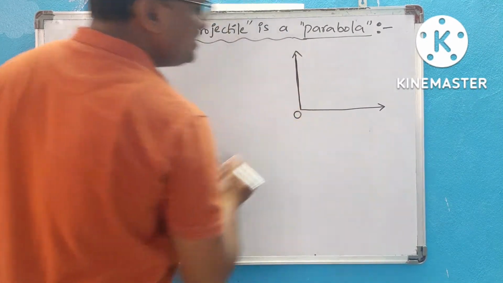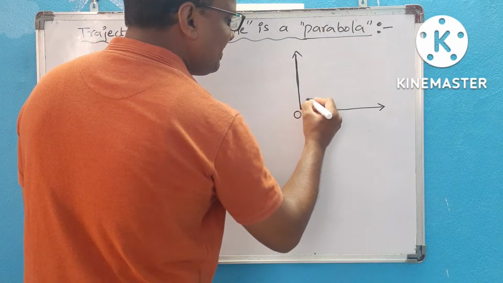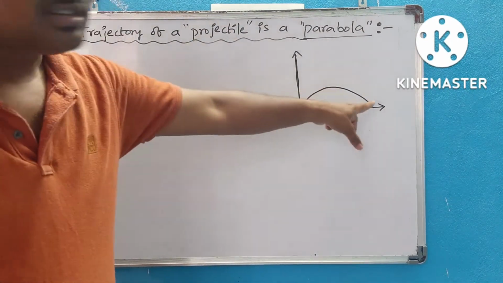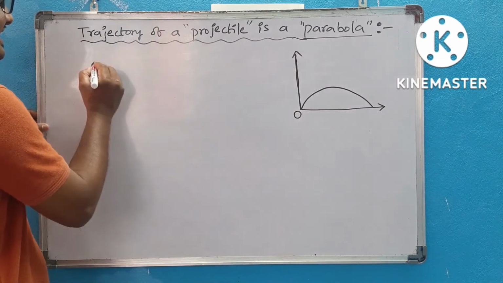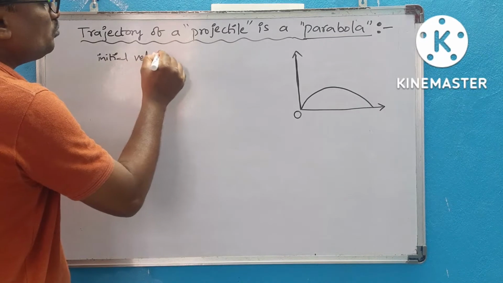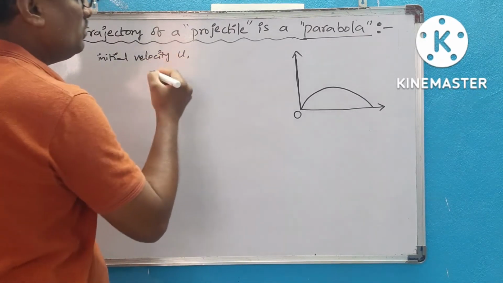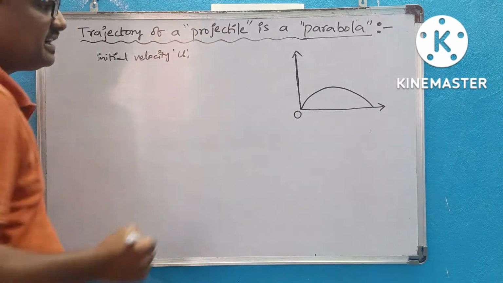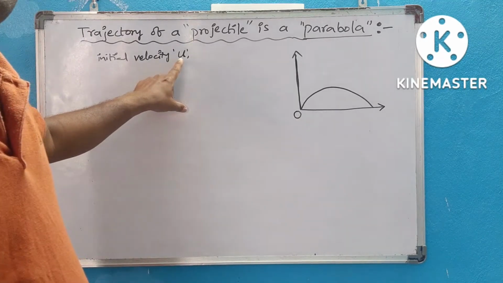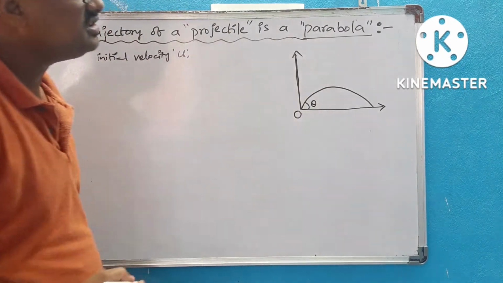So this is the origin. Here I can throw some projectile with some initial velocity u and some angle theta with the horizontal.